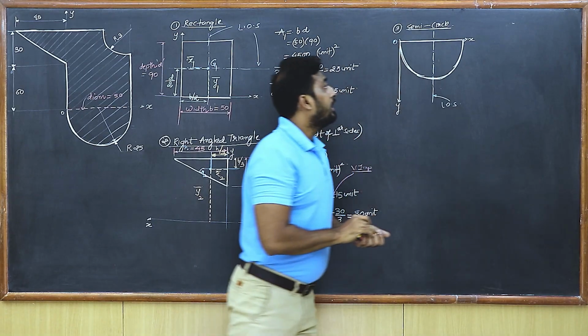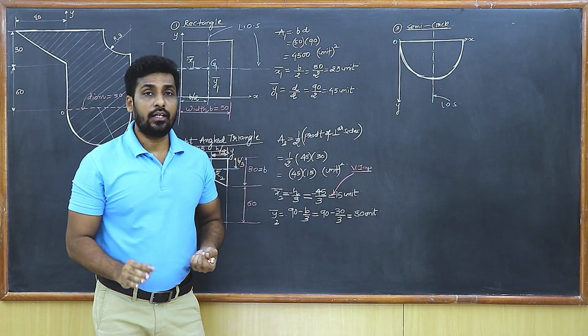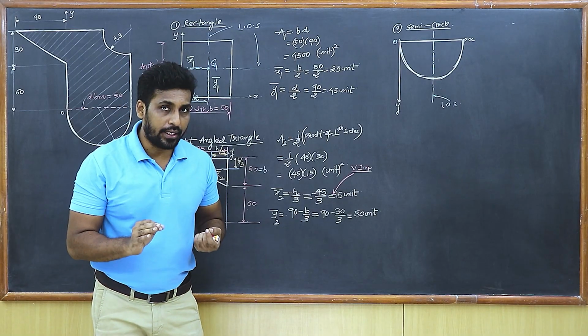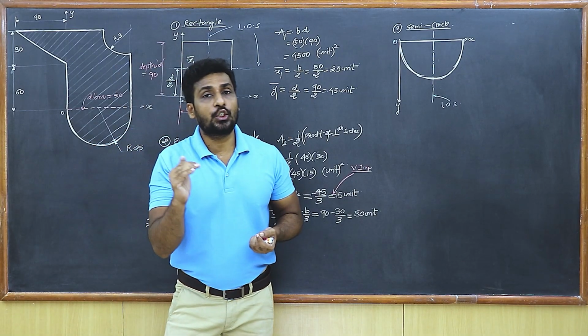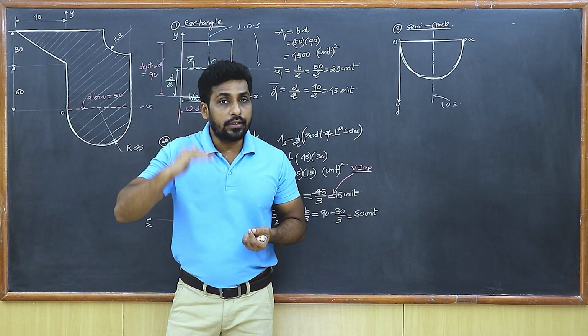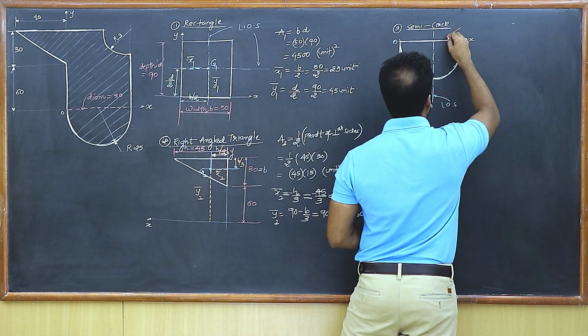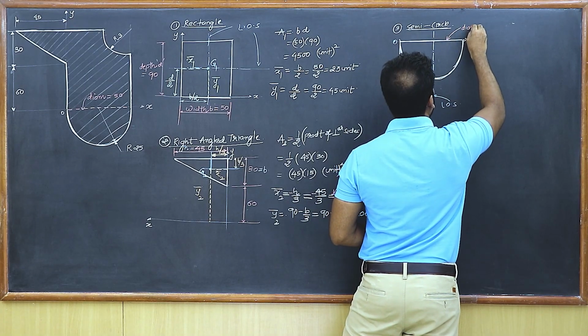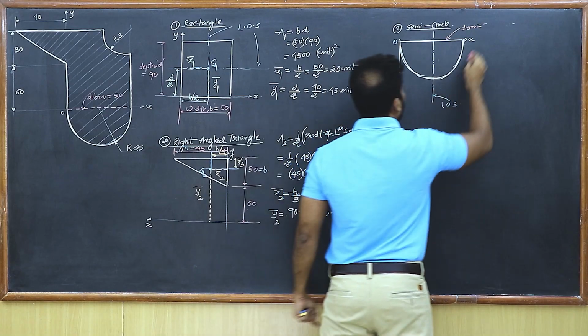We all know that the centroid of a semicircle is definitely going to lie on the line of symmetry, isn't it? It lies on the line of symmetry and it is at a distance of 4r upon 3 pi from the diameter of the semicircle. So I know that this is the diameter, isn't it? And how much is the diameter? It is 50 because the radius is 25.